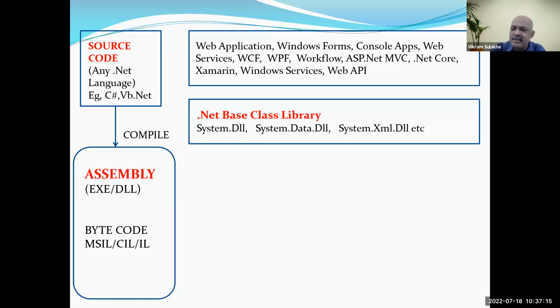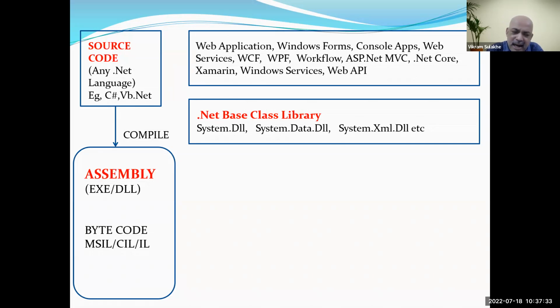An exe is an assembly which has an entry point defined. What do I mean by entry point? Entry point meaning that there is a main function in there which can start off directly. So you can run this assembly directly.